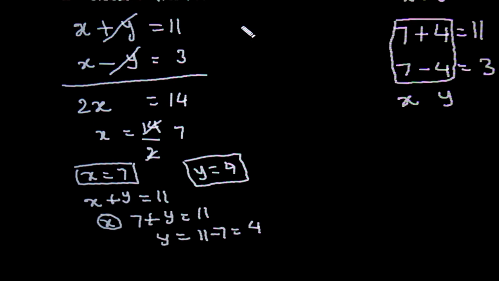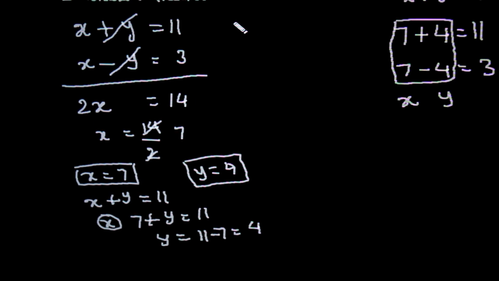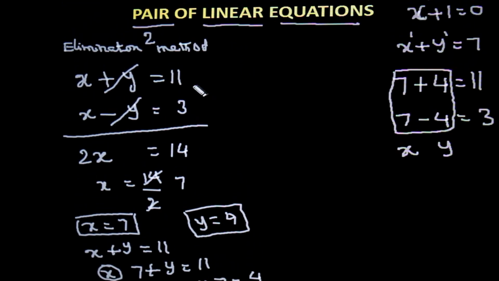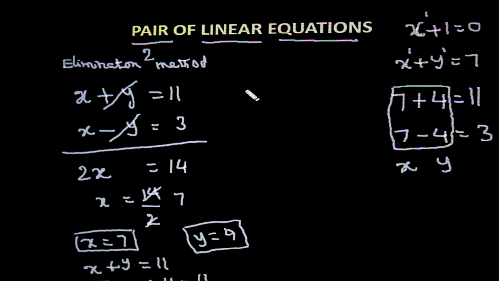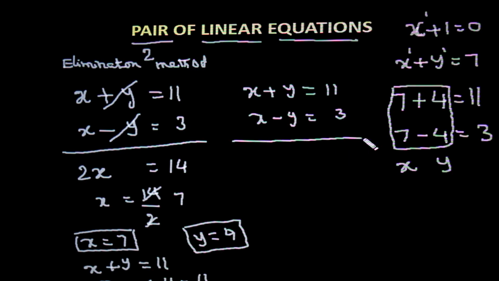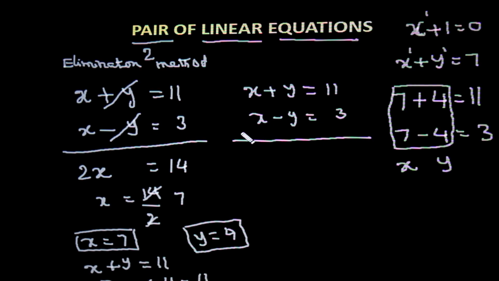This can be done by subtracting also. This was addition, and this is subtracting. x plus y is equal to 11, x minus y is equal to 3. Subtraction means you have to change the sign of each term of the second equation.